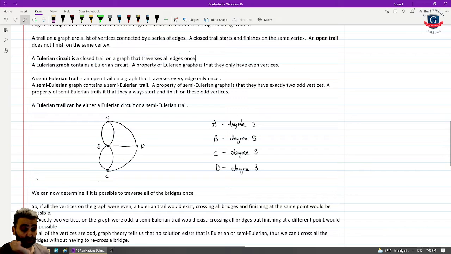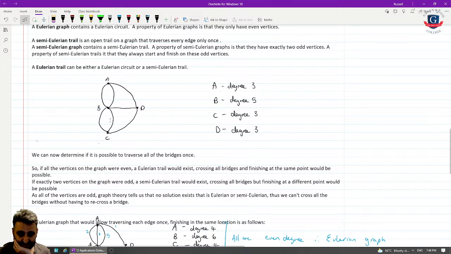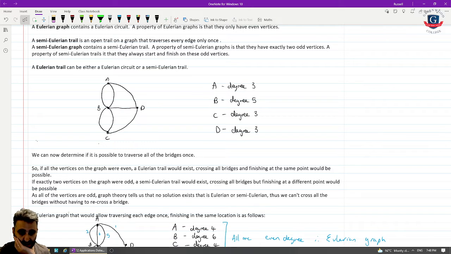So there's not going to be a semi-Eulerian trail possible, and it's not a semi-Eulerian graph. So, given that, we know that no solution exists for this specific graph. We can't cross all of the edges exactly once without having to go back over another edge.